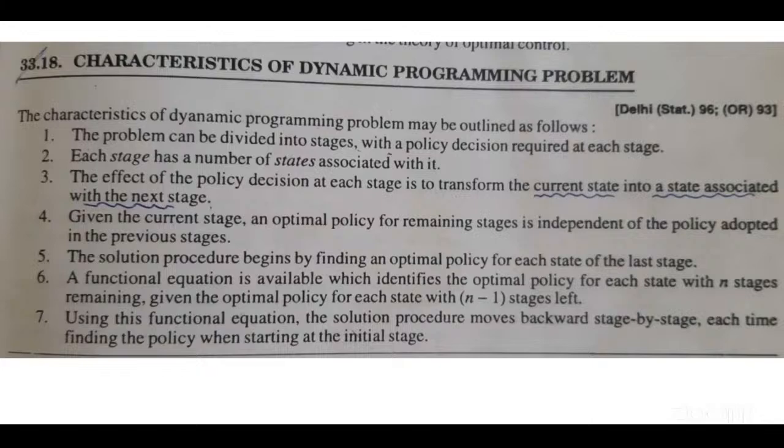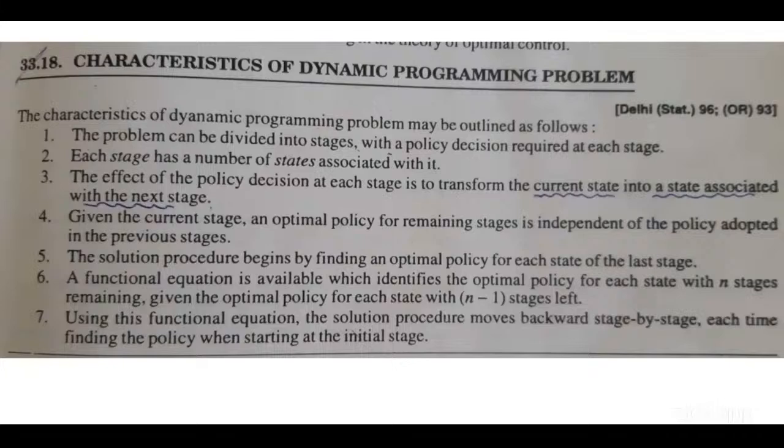Next one. The solution procedure begins by finding an optimal policy for each state of the last stage. And next, a functional equation is available which identifies the optimal policy for each state with n stages remaining, given the optimal policy for each state with n minus 1 stages left.